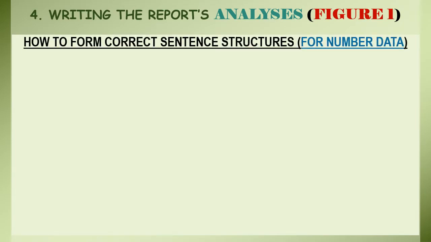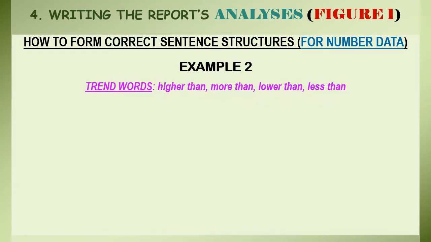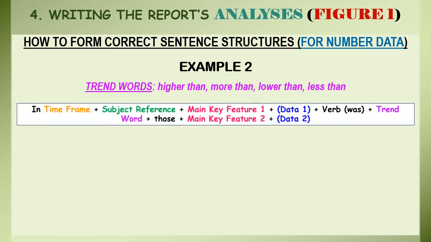In example 2, we are going to form analysis using the trend words such as higher than or more than, and lower than or less than. In this sentence structure, we will start the sentence with the time frame, followed by the subject reference, main key feature 1 and data 1. The verb would be was, then the trend word, and the word those, and main key feature 2 with data 2.